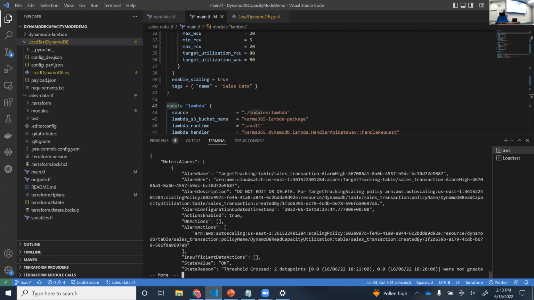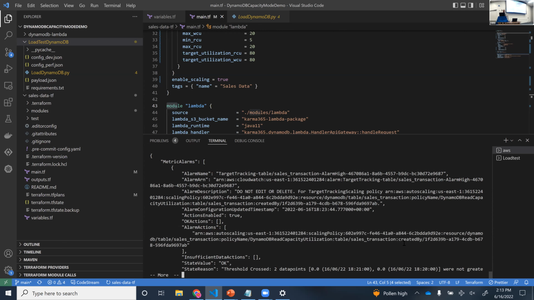So the alarm action is what's important. This alarm action is set to this auto scaling action. So when this alarm is triggered, this auto scaling action will get invoked.